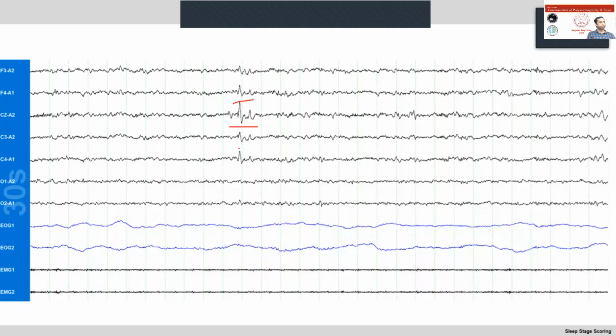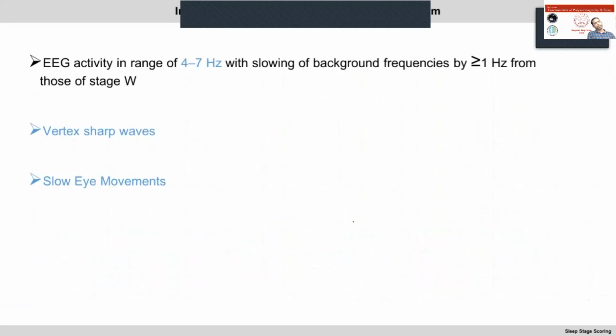This is your vertex wave, dominant in the central region. Slow eye movements are also there, low EMG. And some people do not produce this alpha activity.